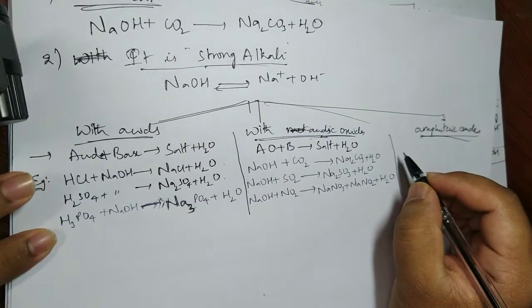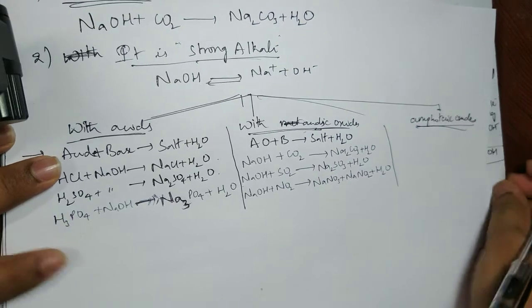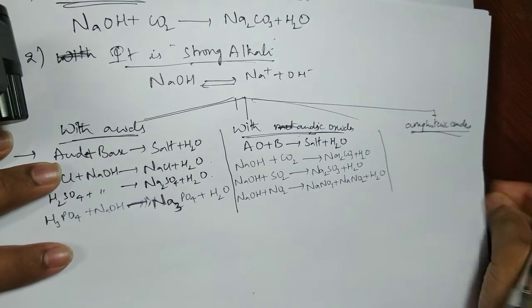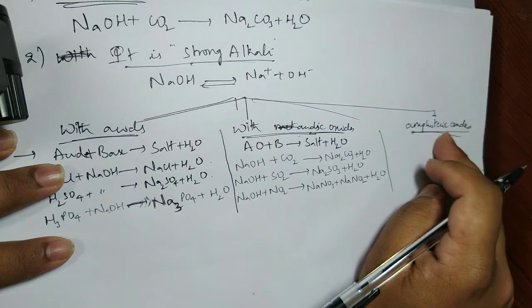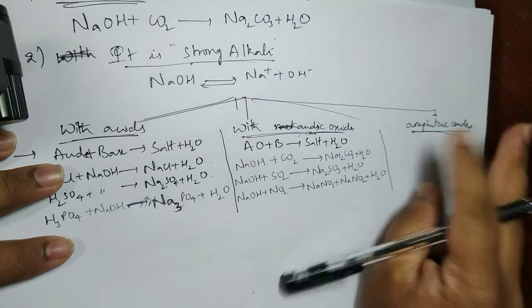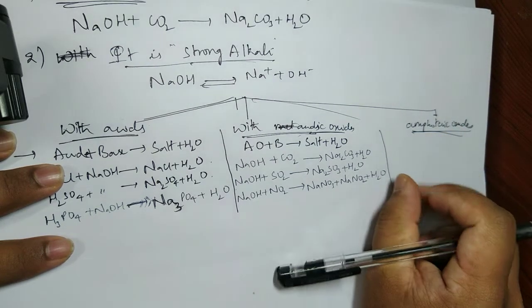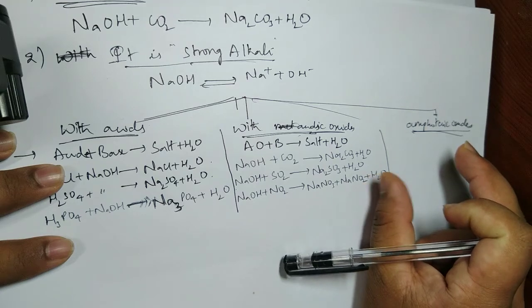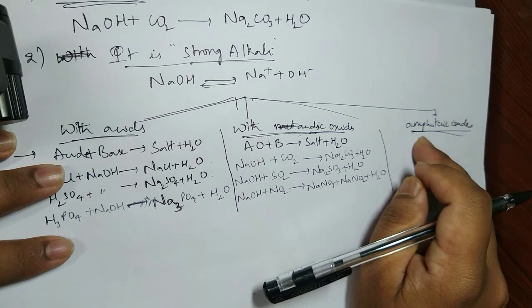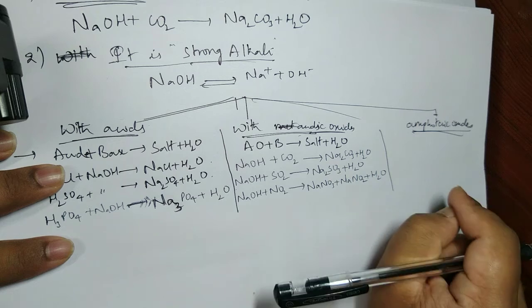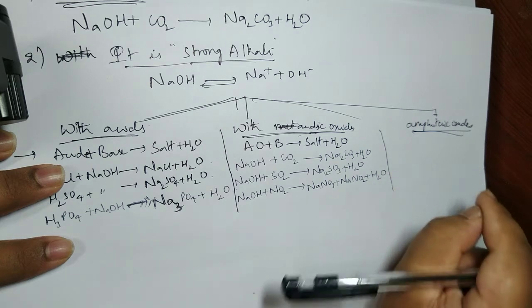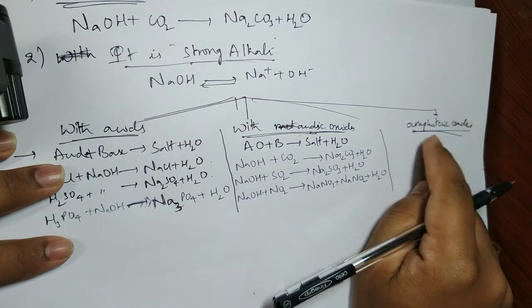With amphoteric oxides, what are the various amphoteric oxides that you know? Zinc oxide, very familiar, and aluminum oxide. What are amphoteric oxides? Oxides that can react with both acid and base, right? And which metals generally form amphoteric oxides? The metals which are near to non-metals, near to metalloids, generally form amphoteric oxides.